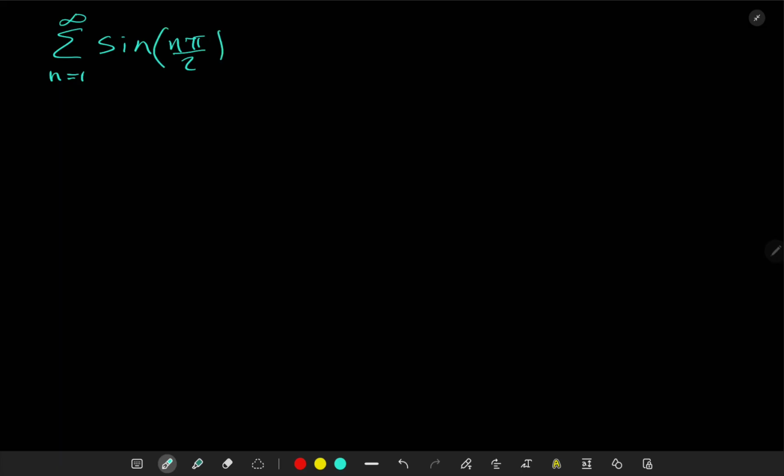This is a fun one because if you start evaluating it, when n is equal to 1, you get sine of pi over 2, which is 1. Then n equals 2 is sine of pi, which is 0. When n is 3, you get sine of 3 pi over 2, which is negative 1. Then when n is 4, you have 2 pi, which gives you a 0.